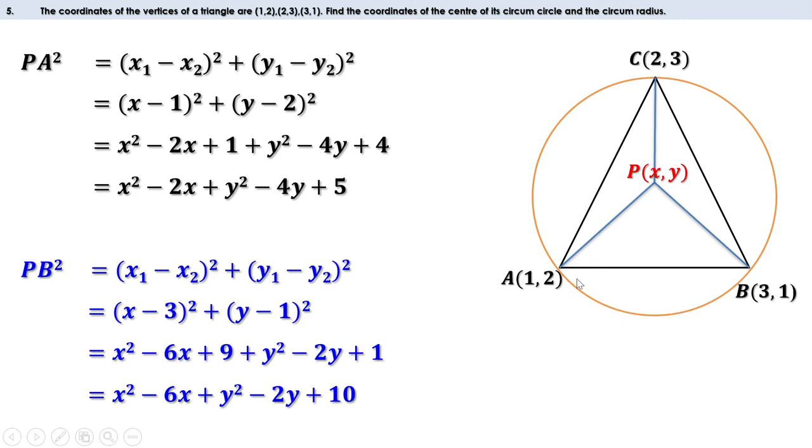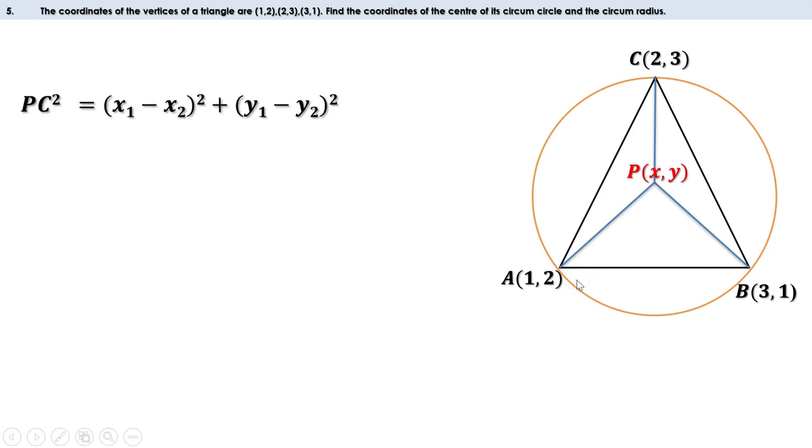Now let us find PC square. PC square is (x1 minus x2) whole square plus (y1 minus y2) whole square. x1 can be taken as x, x2 can be taken as 2, y1 can be taken as y and y2 can be taken as 3.